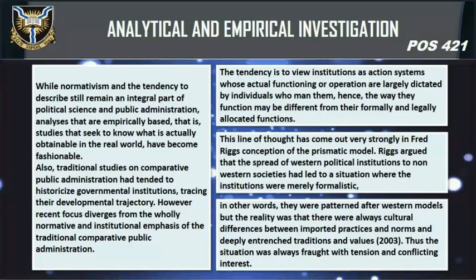In other words, they were patterned after Western models, but the reality was that there were always cultural differences between imported practices and norms and deeply entrenched traditions and values. Thus, the situation was always fraught with tension and conflicting interests.